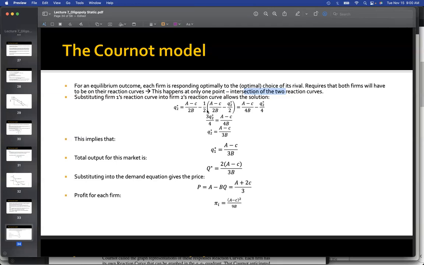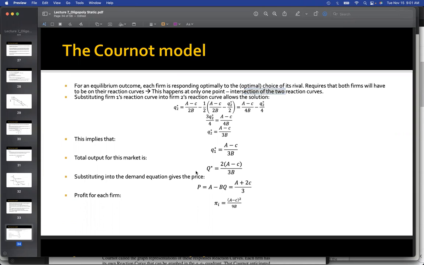Actually, Mitch, it's 2/3 of monopoly output, okay? It's 1/3 greater than monopoly output. Because 2/3 plus 2/3 is 4/3, which is 1/3 greater than monopoly output.